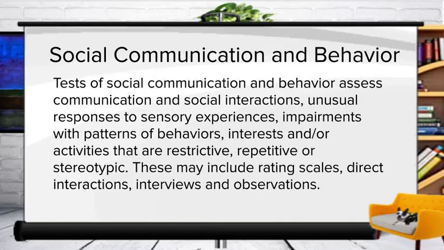We can also use other data like student work samples, we can use observations, and we can use curriculum-based measurement data as well. When we're looking at social communication or behavior, we can also test those areas, things like communication, social interactions. We look for unusual responses to sensory experiences, any impairments with patterns of behavior, if there are interests or activities that are restrictive or sometimes even repetitive or stereotypic.